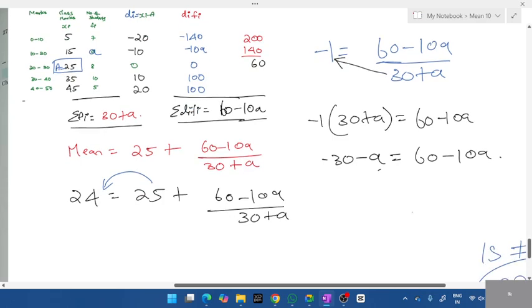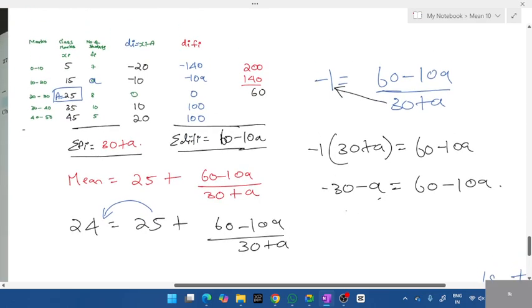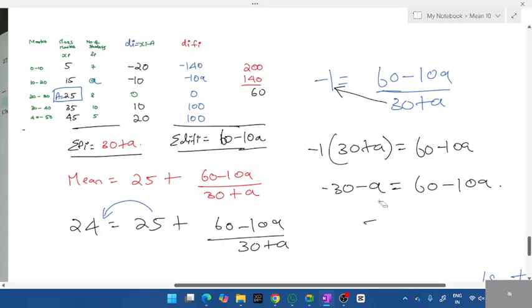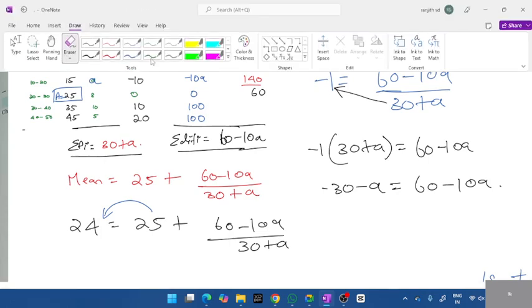Okay, Joanna, can you explain this calculation? How we calculate this? Minus 30 minus A, 60 and minus what? Okay. Minus 30 plus 6 minus 60. See, instead of that, keep just minus 30.